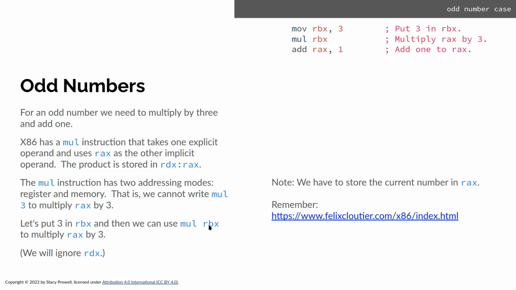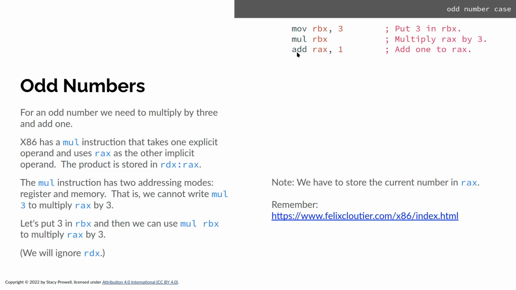When I say mul RBX, it'll take the contents of this register, multiply it by the contents of RAX, and store the result in RAX with any overflow in RDX. A lot going on there, but this is what it looks like. I move 3 into RBX. I multiply RAX by the 3 that I just put in RBX. And now I want to add 1, which is really easy. I just add RAX and 1.